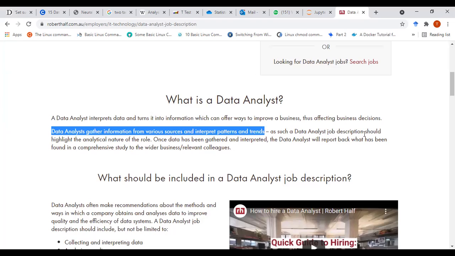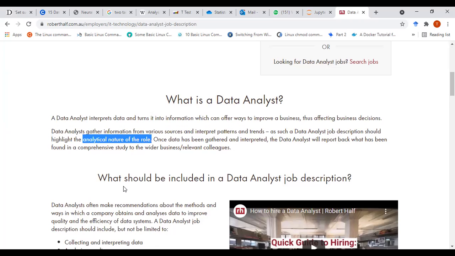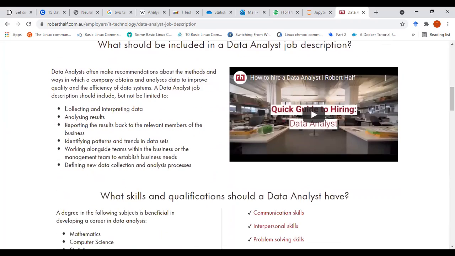So a data analyst job description should highlight the analytical nature of the role: collecting and interpreting data, analyzing the results, reporting the results, identifying patterns and trends. That is done through data wrangling activities, like the charts and the normal distribution plots that you have made up to now, which identify the patterns and trends.